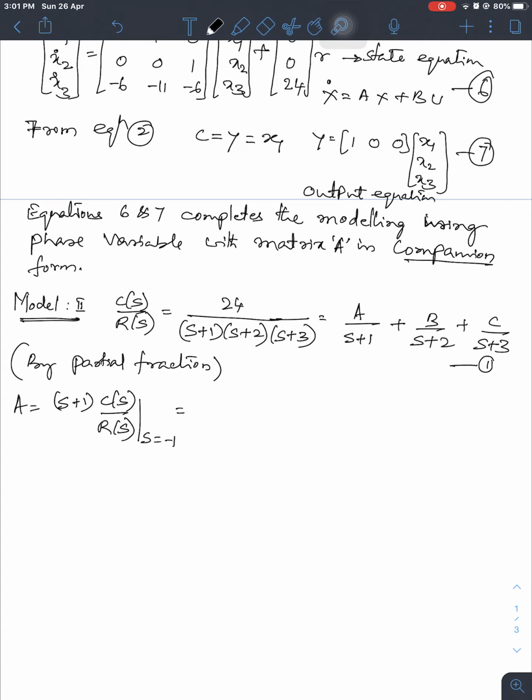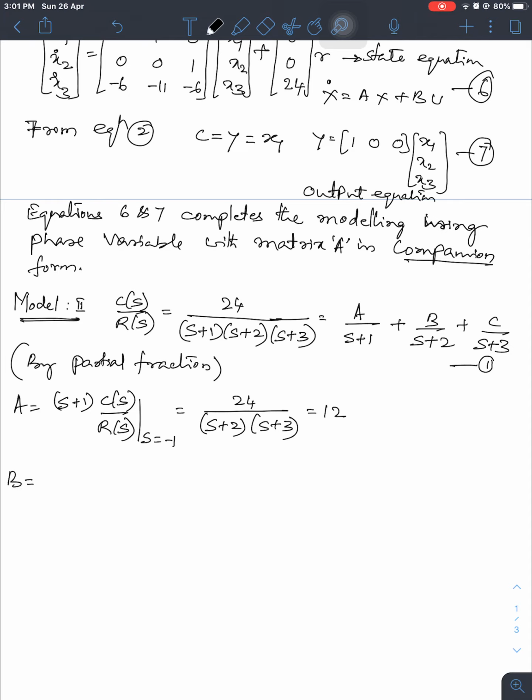This comes out to be 24 divided by s plus 2 into s plus 3. Careful evaluation. S is equal to minus 1 would be 24 by 2. That's equal to 12.